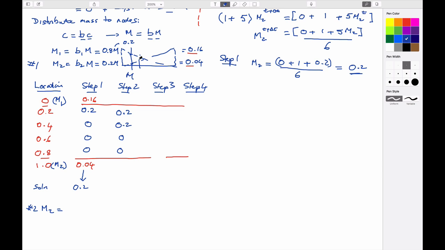The mass has now moved to this point, and so it's going to be equal to B1 times M first one plus, sorry, B2 times the M at the 0.